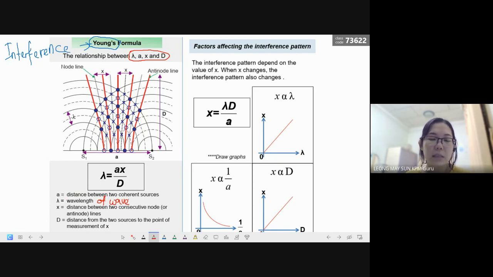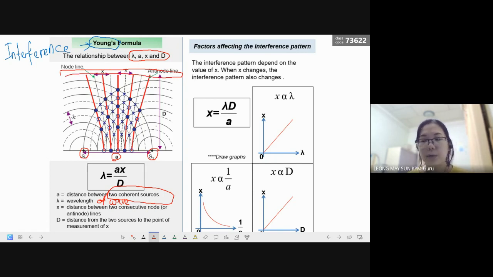a is the distance between the two coherent sources. So from source 1 to source number 2, the distance between these two sources uses the symbol a. x is the distance between two consecutive node lines or anti-node lines, which means if there is a screen over here, it will project out the distance between them.